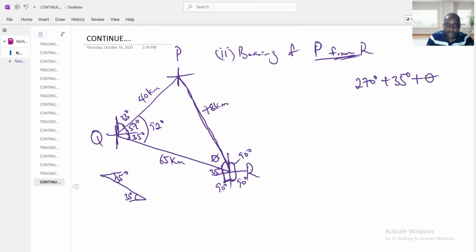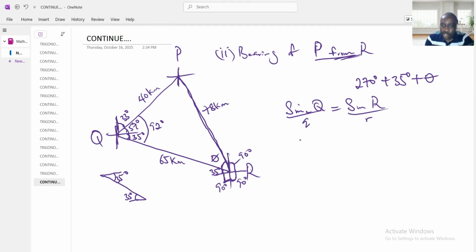Now let's calculate the angle here. What are we going to use? We are going to use sine rule because we have complete of the Q angle here and the distance here. And for the R, we don't have the angle here, but we have the distance of the 40 kilometer. It means that it's only one that is missing here. Therefore, sine capital Q divided by small q equals sine capital R over small r.